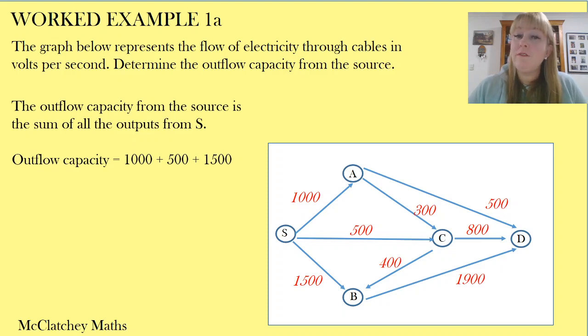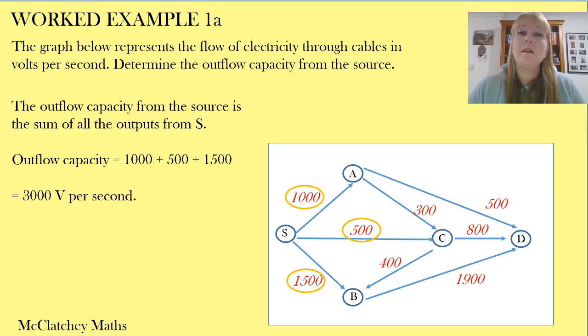So we've got three different edges that we need to add together here. They're indicated there with the circles, and so when we add those up together, we've got 3,000 volts per second. So you could also be asked how much electricity is being supplied to the network from the source. Well, that's the same thing as the outflow capacity from the source. It's 3,000 volts per second.